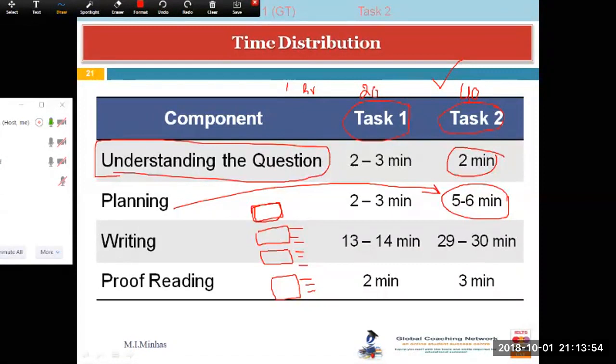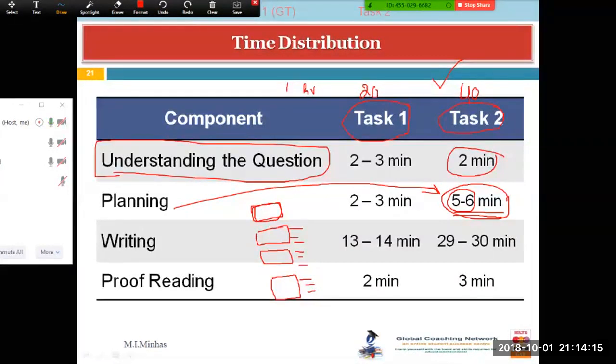Sometimes, for those students who have a good writing speed, like doctors, who generally have a good writing speed, I recommend spending even 8 minutes on this.